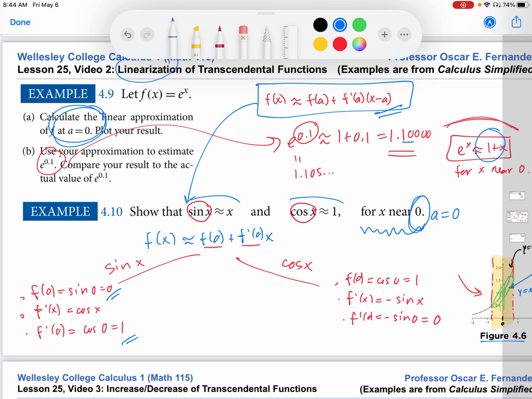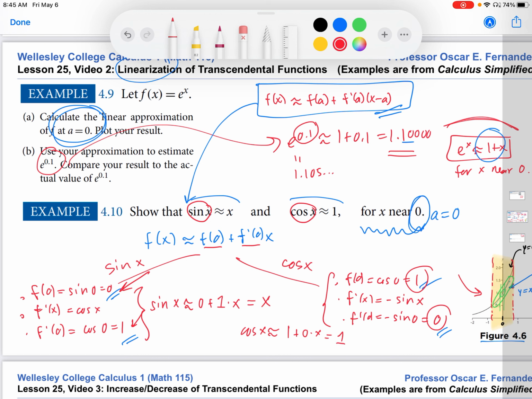Taking these together, sine x is approximately f of 0, which is 0, plus f prime of 0, which is 1, times x. And cosine of x is approximately f of 0, which is 1, plus f prime of 0 times x. So this one simplifies to just x, and this one simplifies to just 1. Those are the two relations we wanted to show.